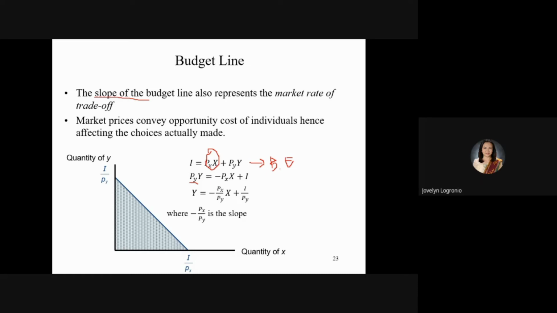From the third line equation, we can now derive the slope of the budget line, which is equal to the negative of the ratio of prices of X and Y. Negative Px over Py is the slope, or Px over Py, that's the market rate of trade-off.